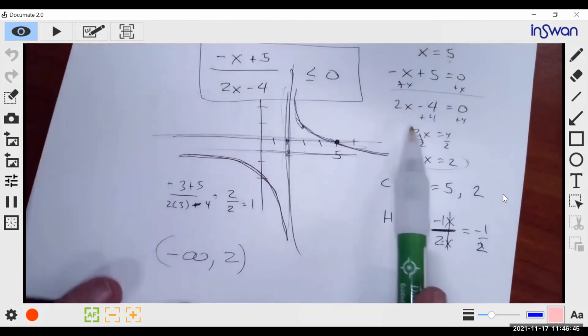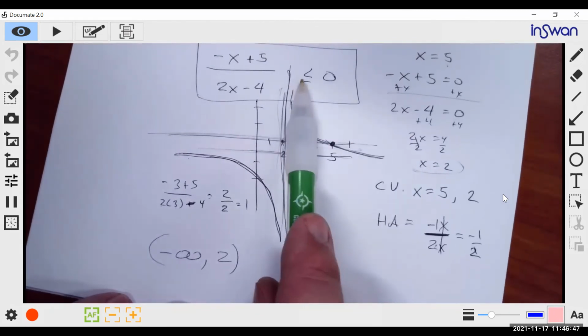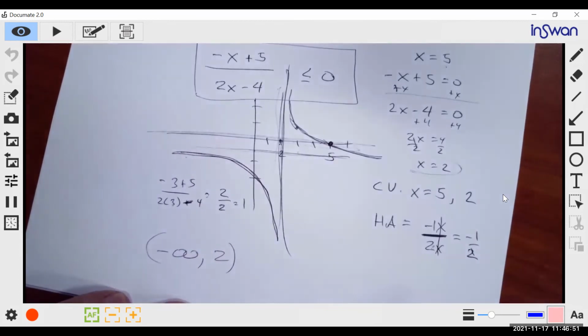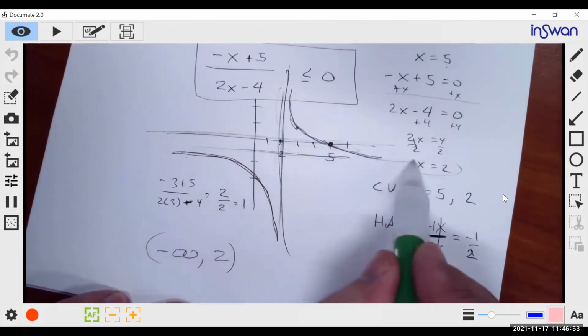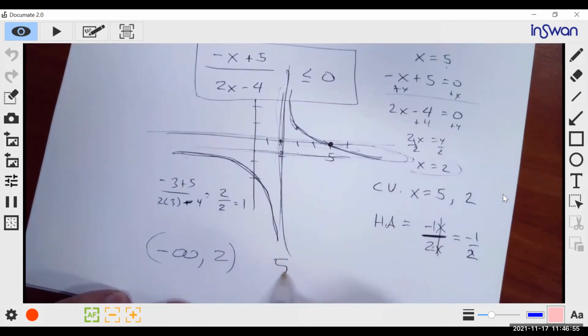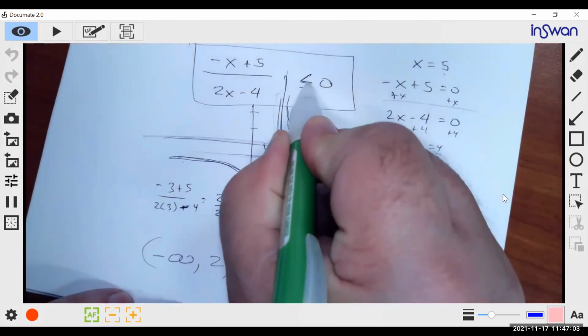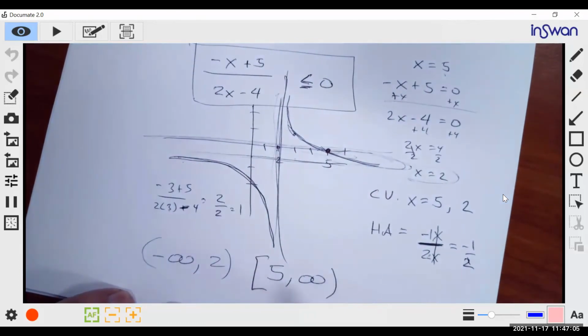Now, how about this side? Which part is below the x-axis on this other graph? Here's the x-axis, all this stuff, starting at 5 to infinity. But can I use that 5? It's less than or equal to 0, so I can use that 5.